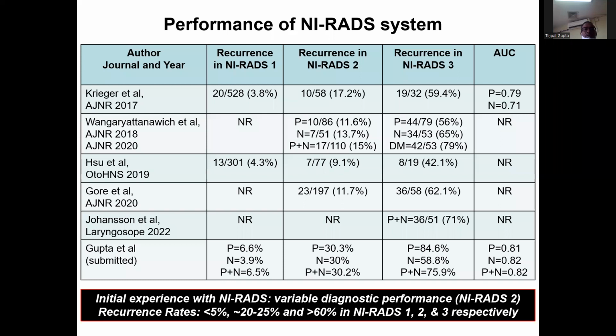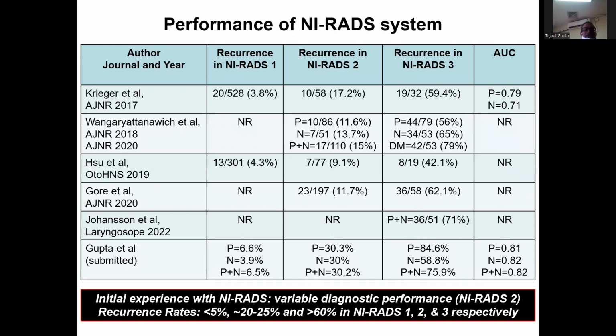What about the performance of the NIRADS system from other publications? This is a table which summarizes all the recent data sets of the NIRADS system. The initial experience in the first few years has been mixed. The diagnostic performance has been somewhat variable, particularly the NIRADS 2.